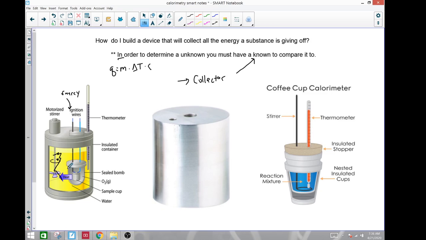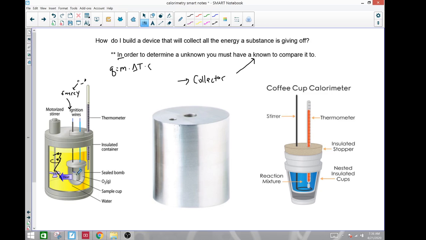This is really how you're going to do something with food. They're going to drop in a pellet of food here. You could take a Whopper, for example, and get all the water out of it because that's not providing any energy, and just get a pelletized version of a sample of food and burn it. If you're adding energy, you have to subtract off that particular energy you add, and then all the other energy that comes off is from the pellet of food burning.